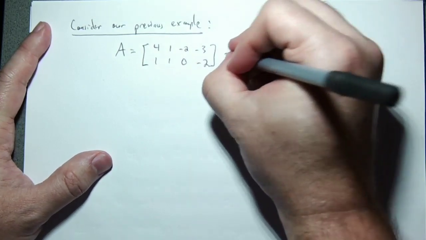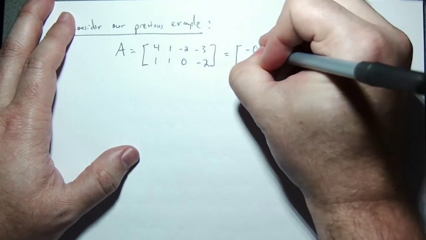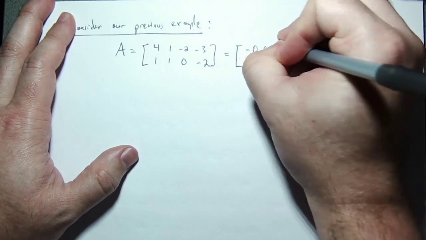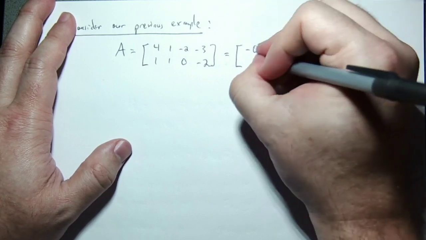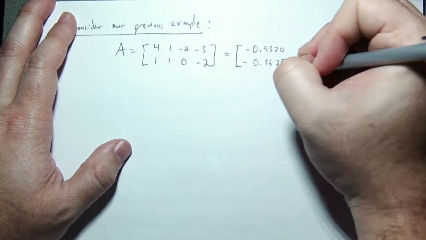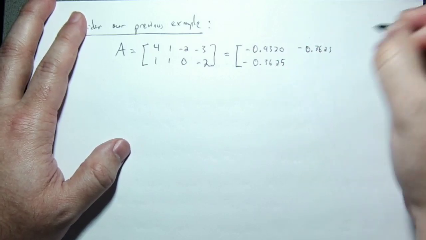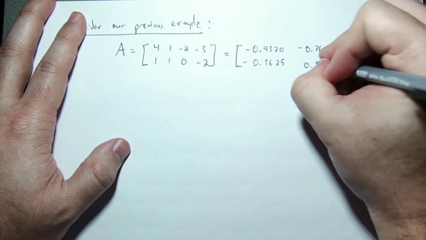And we found that the singular value decomposition was minus 0.9320, minus 0.3625, minus 0.3625, and 0.9320.